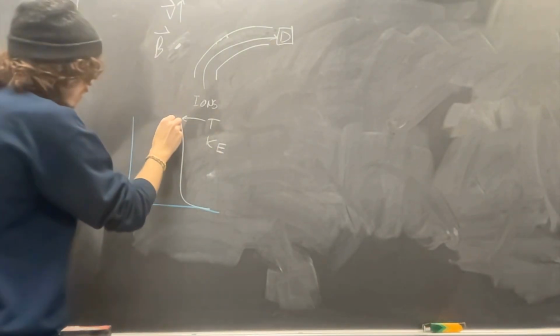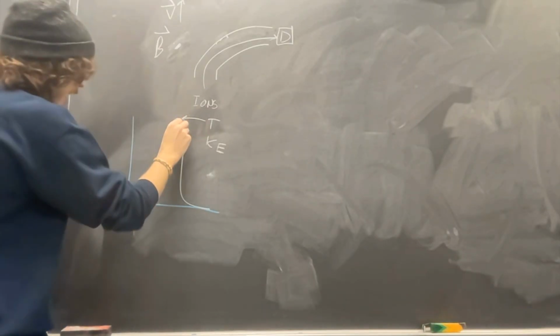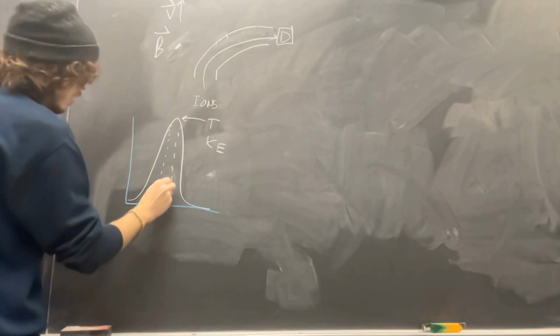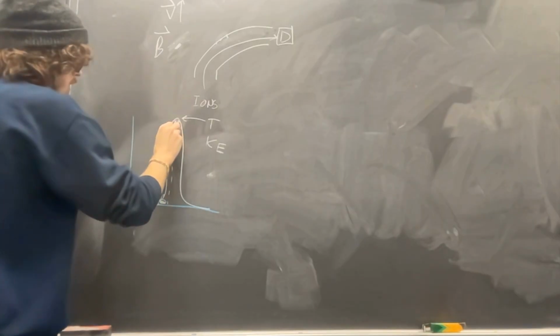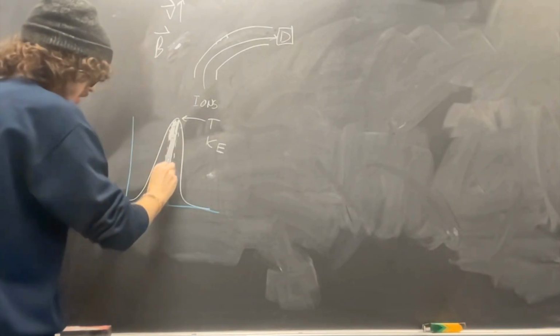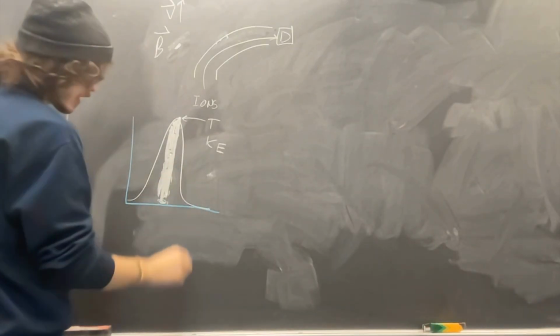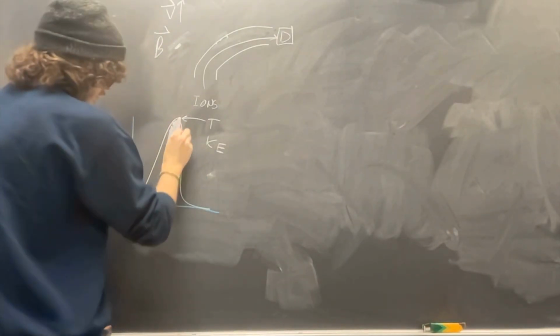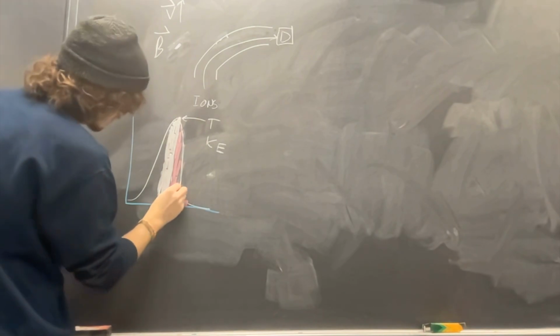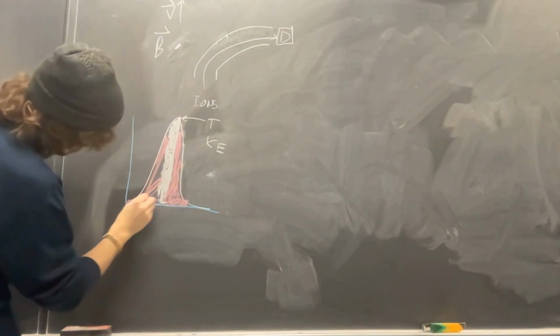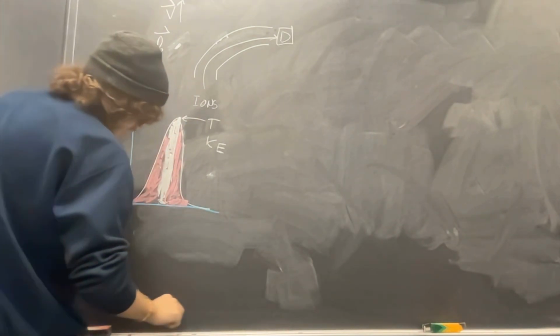We only want to encapsulate the abundant molecules, and there's a way that we can do this using an electric field. So we want to get rid of everything in red. We need to select out all of these ions.